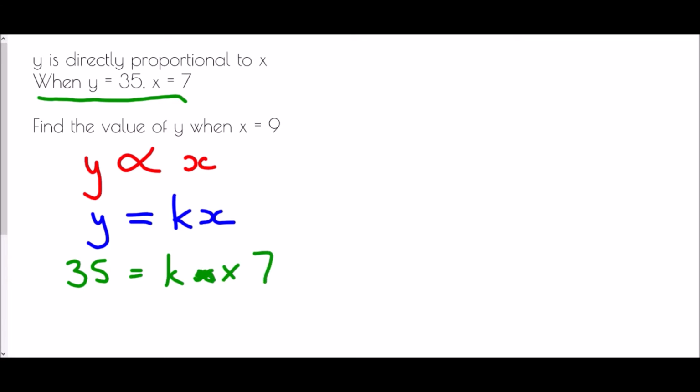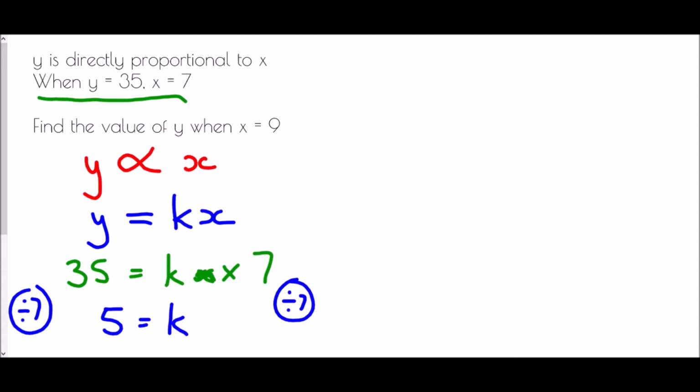So 35 equals k times 7. How would I find k? Well, I'm going to have to divide by 7 on both sides. 35 divided by 7 is 5, and that leaves me with just k. It tells me that k equals 5.